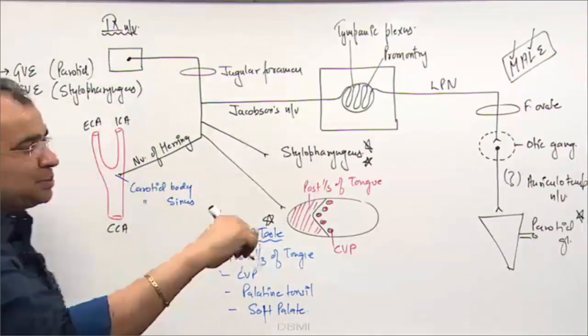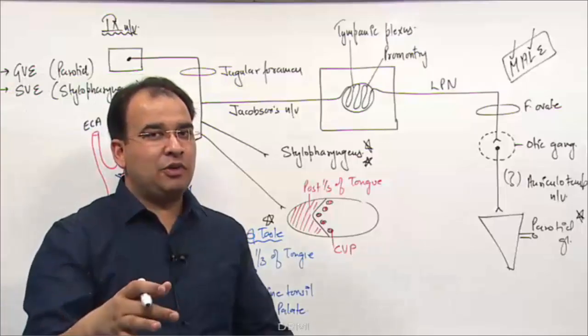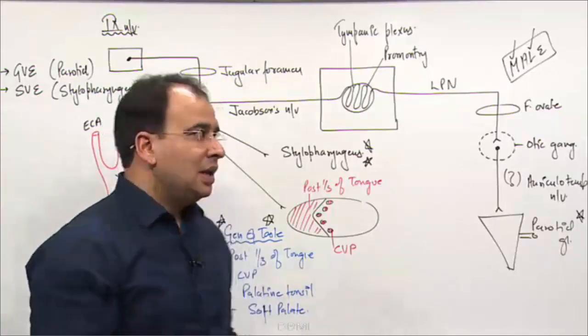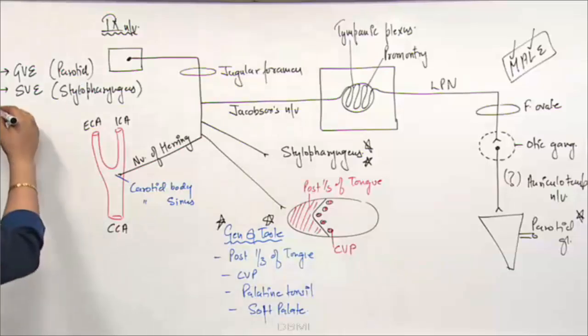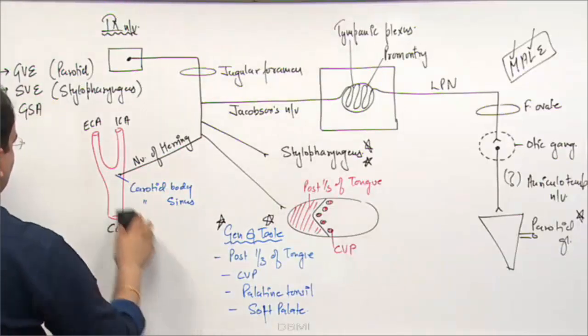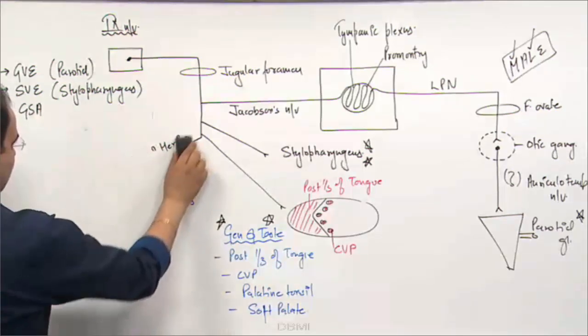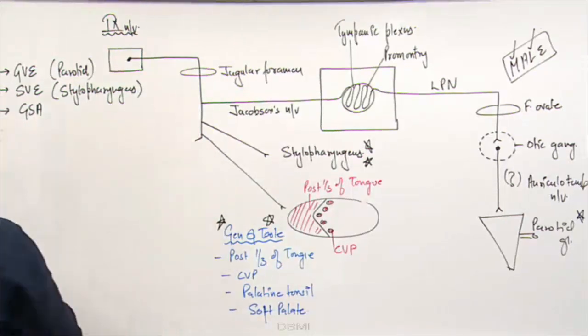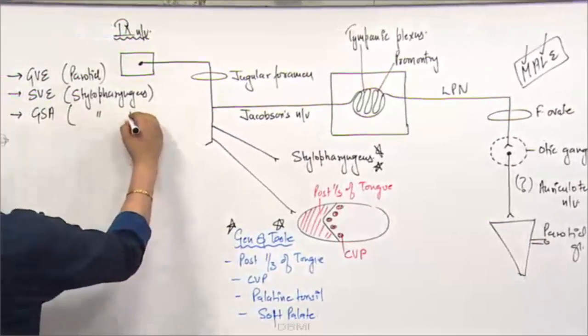Also carrying proprioception. What is the nucleus for proprioception, guys? The nucleus for proprioception is mesencephalic, and mesencephalic is in the GSA column, general somatic afferent. General somatic afferent, stylopharyngeus proprioception.